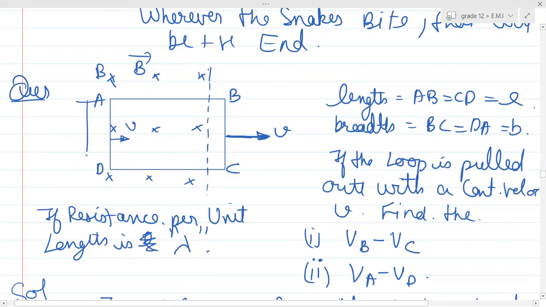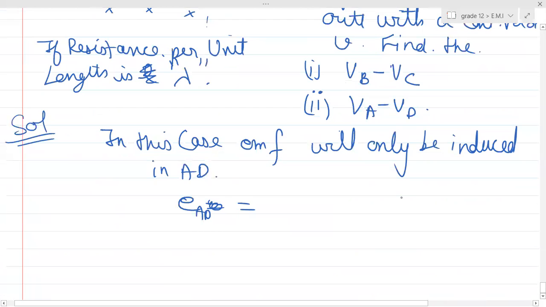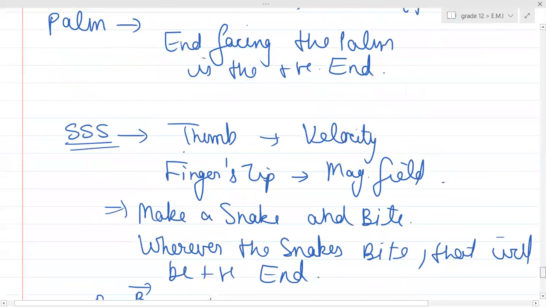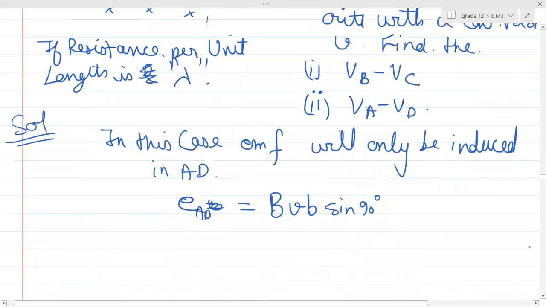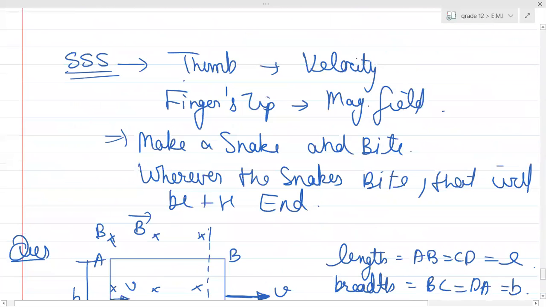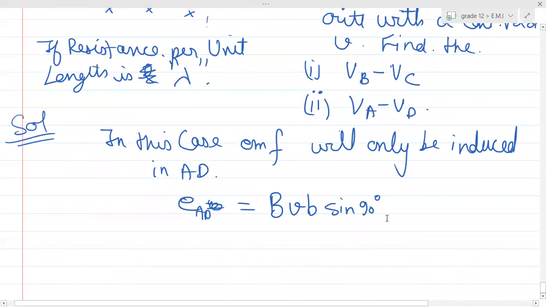And what is the length of this? b. So what is the EMF induced? And what will be the angle, sine 90 or sine 0? Sine 90, because the angle between the length vector and velocity is 90 degrees. So basically this will be B into V into b. Is this clear, guys?